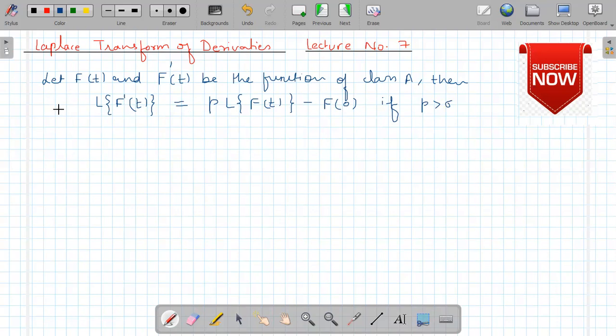Similarly, if we have second derivative of the function, then we can also find the Laplace transform of second derivative of the function.